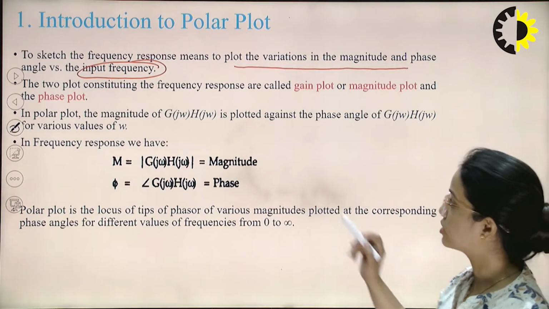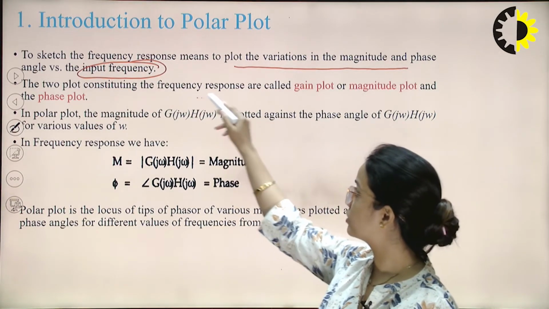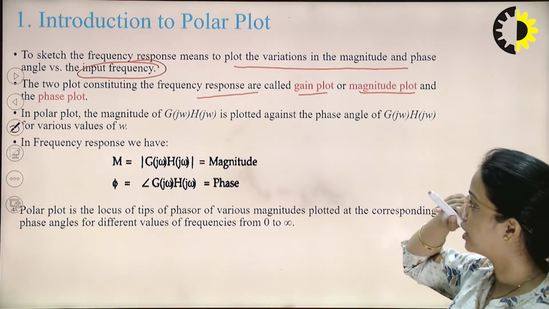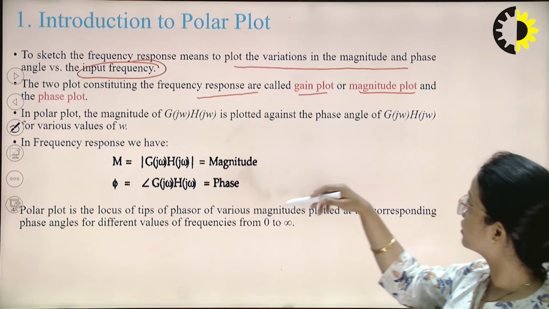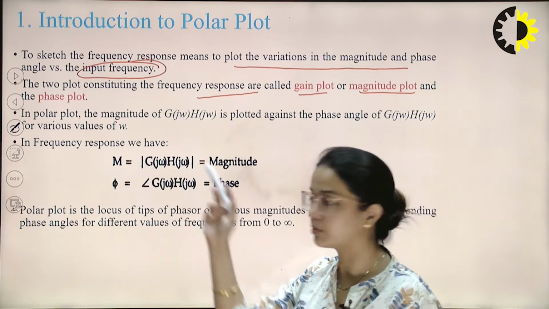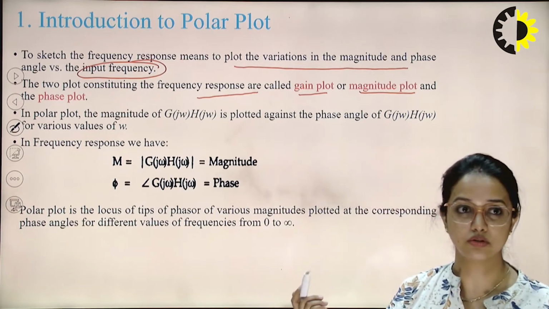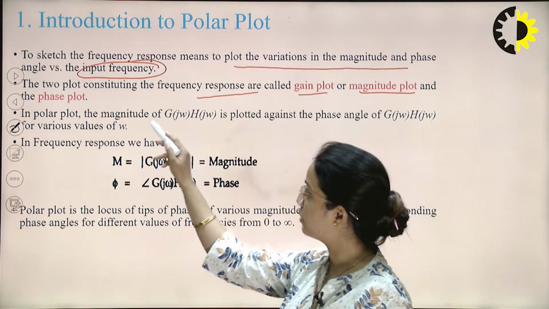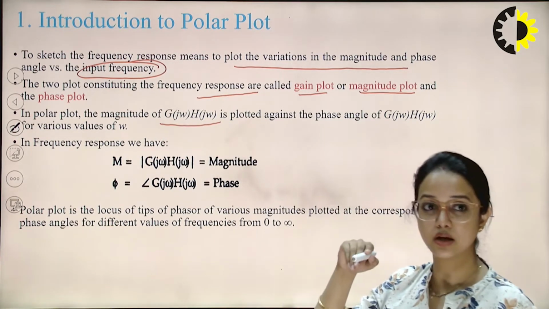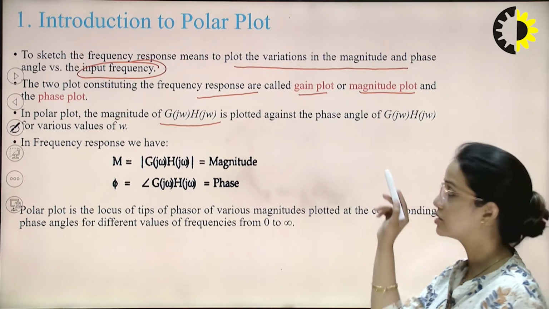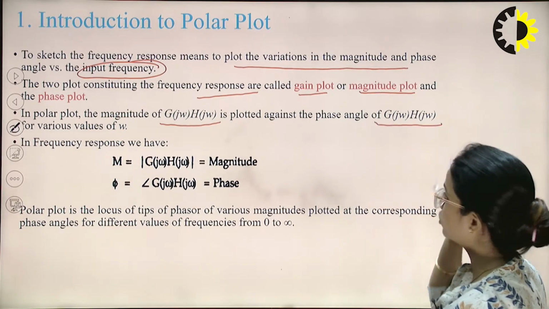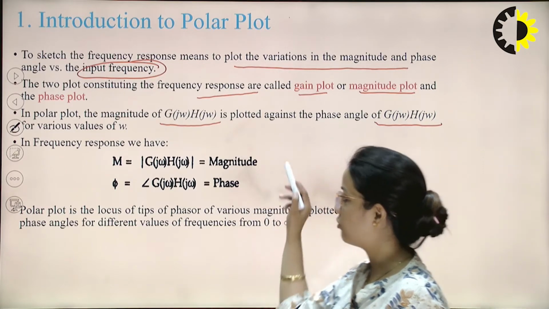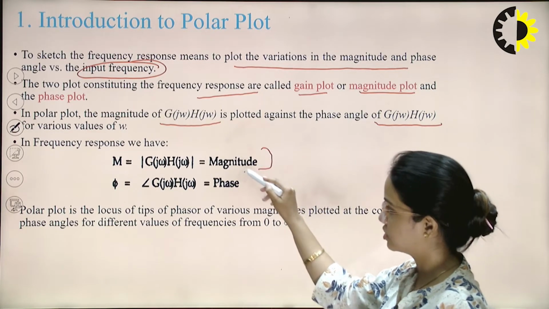The two plots that constitute the frequency response are called the gain plot and the phase plot. We have also studied that in a polar plot the magnitude of G(jω)H(jω) is plotted against the phase angle of G(jω)H(jω) for various values of omega.